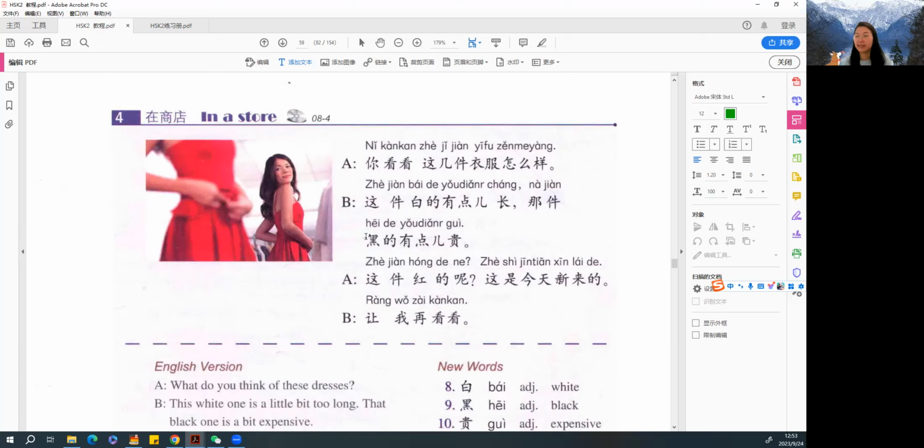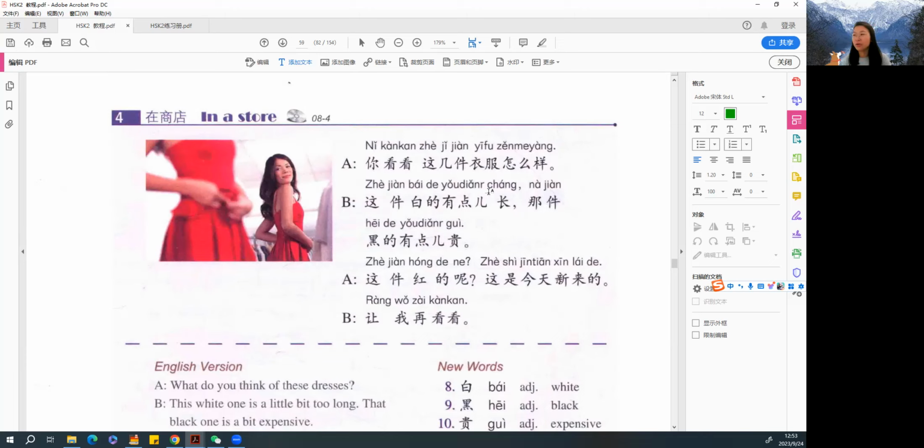And then B gives the comments. 这件 this clothes. 这件 is the measure word. And we already know that they are talking about clothes. So this clothes, 白的, this white clothes. Of course, when we say it as a complex sentence, it will be 这件白的衣服有点长. It's easier to understand, right?